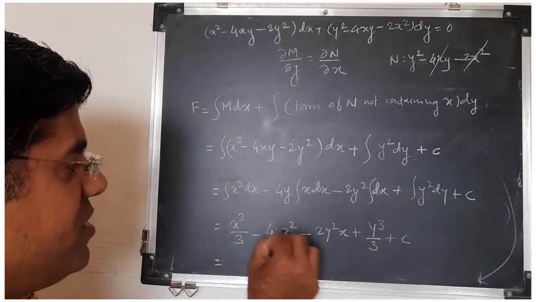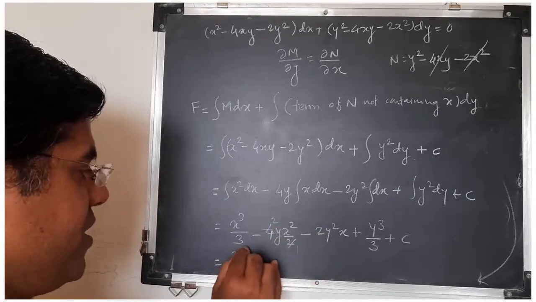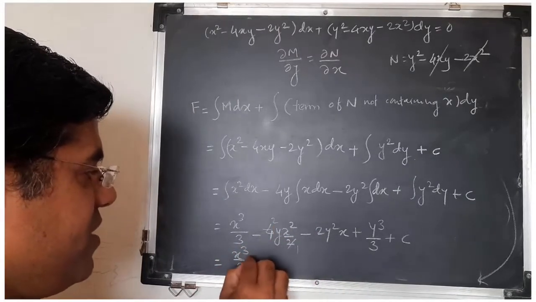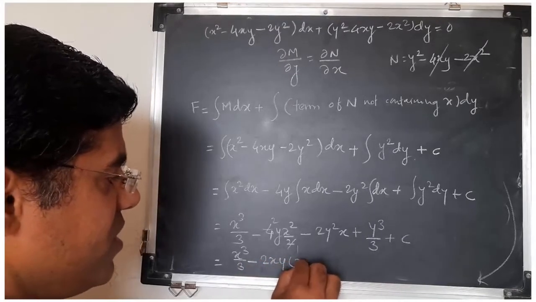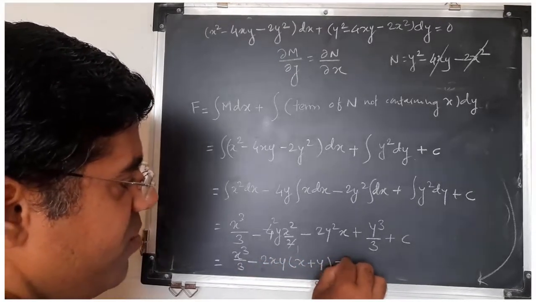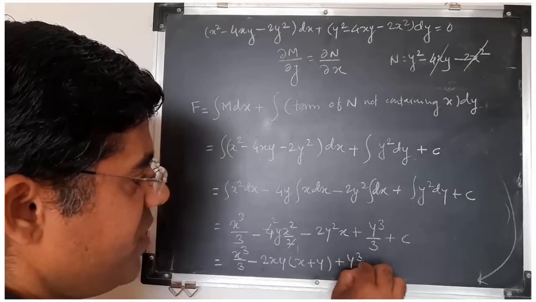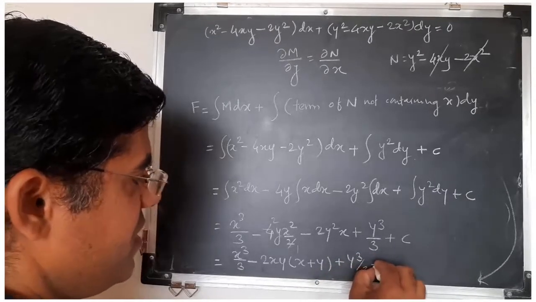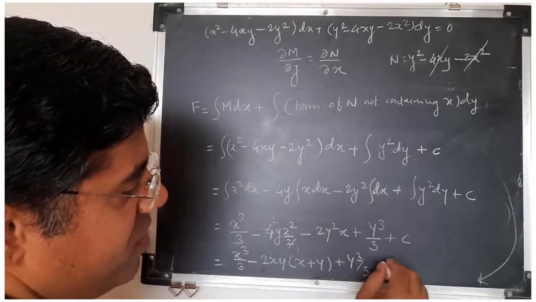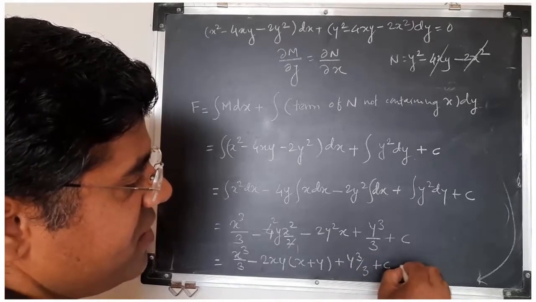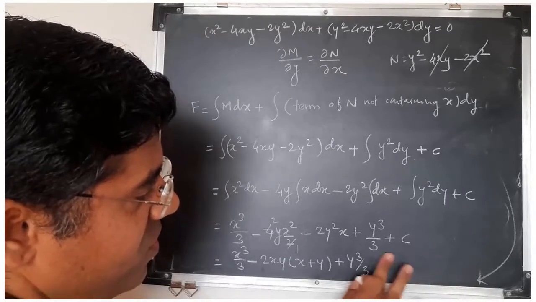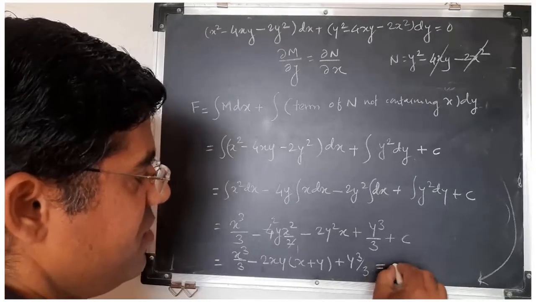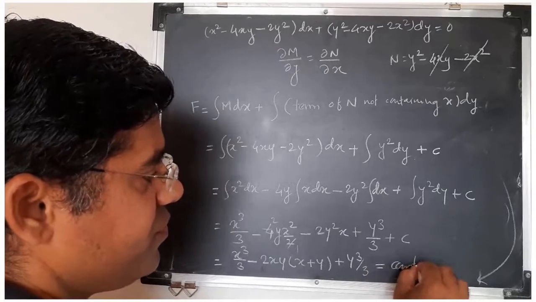From here, this is x cube divided by 3, minus 2xy taken common, times (x plus y), plus y cube divided by 3, equal to plus c, and that is nothing but the constant. I take that term over here, so basically you get this equal to a constant.